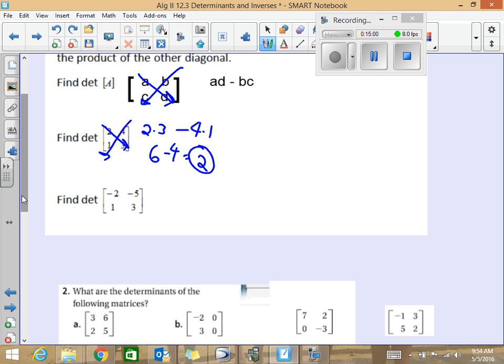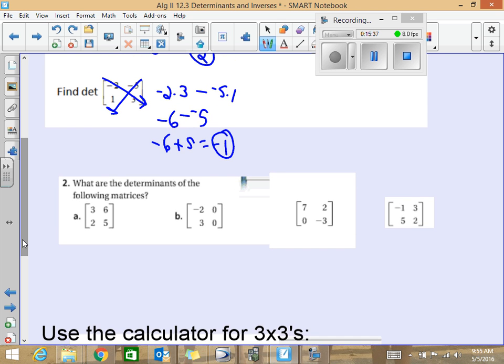On the next one, again we go diagonal: negative 2 times 3 is negative 6, minus the other diagonal, negative 5 times 1. So we get negative 6 minus negative 5, which becomes negative 6 plus 5, so negative 1. Could we find an inverse? Yes, because the determinant is non-zero. Okay, you guys go ahead and try to find the determinants of the next 4 right there.